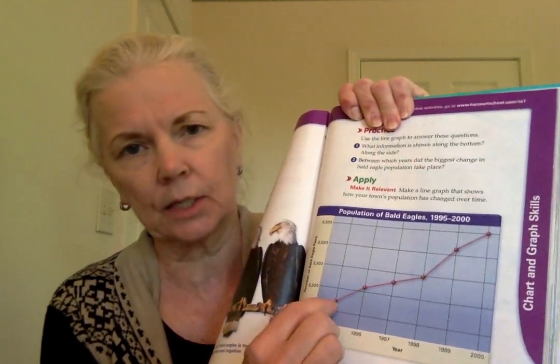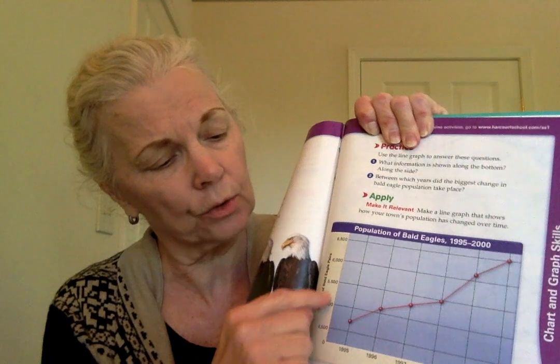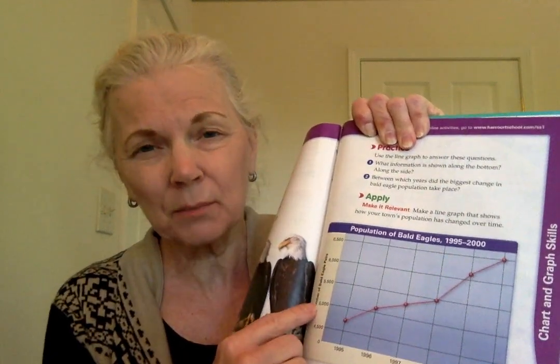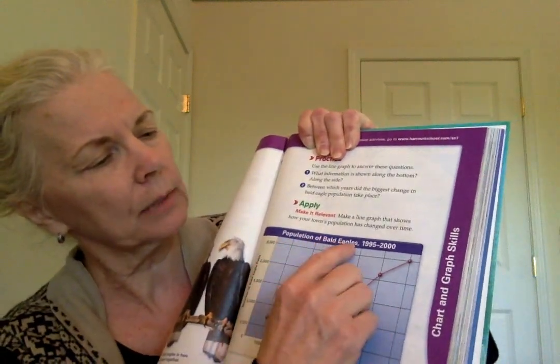So that's where they started the graph. And then they counted by 500 more each time. So that's important to note. There are 500 more each time. And what are those numbers representing? Number of bald eagle pairs.